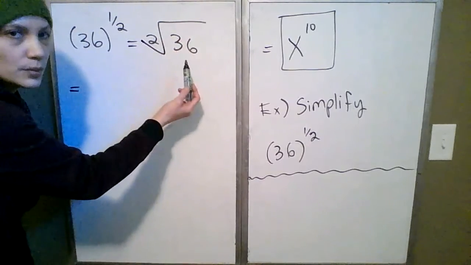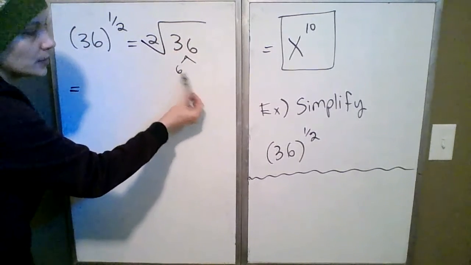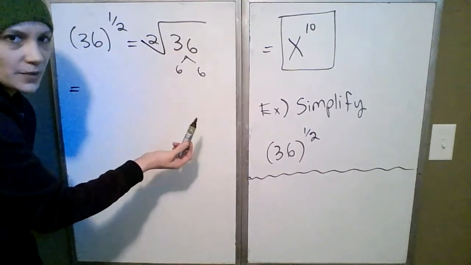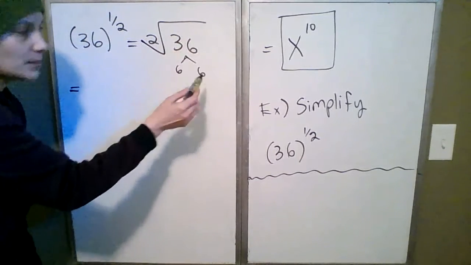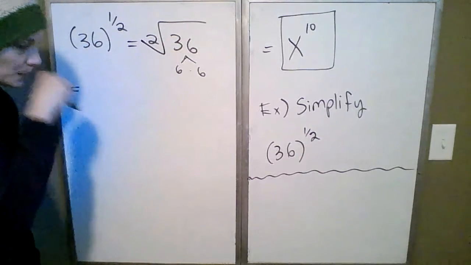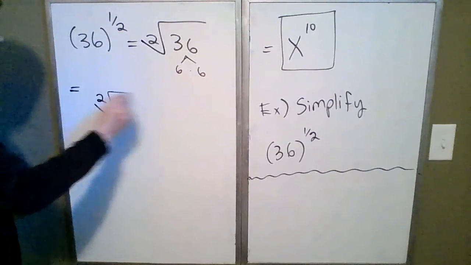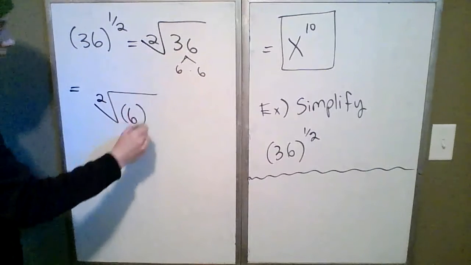And you'd want to factor 36. You could go all the way down to prime factors, but if I just do 6 times 6 is 36, I can have a power that matches the root. Square root of 6 squared.